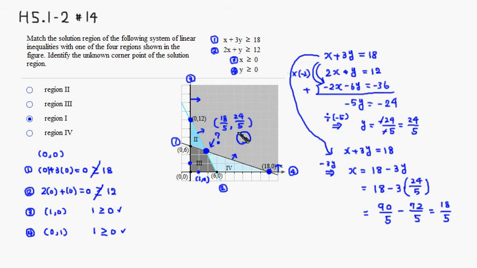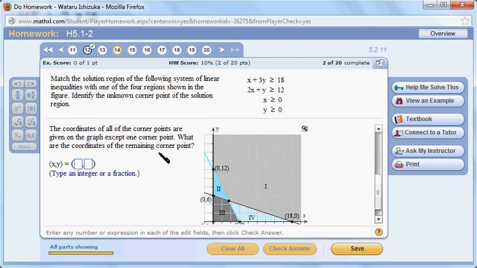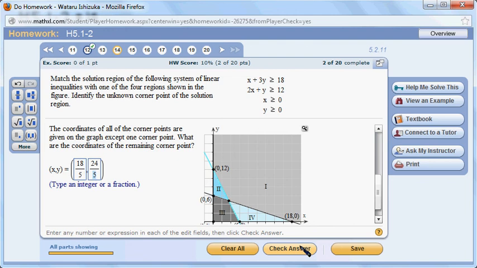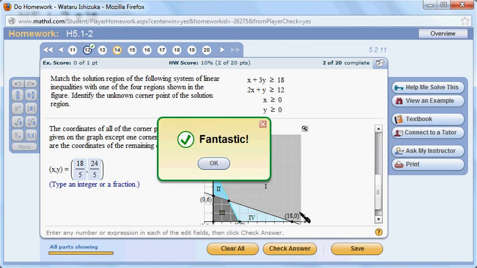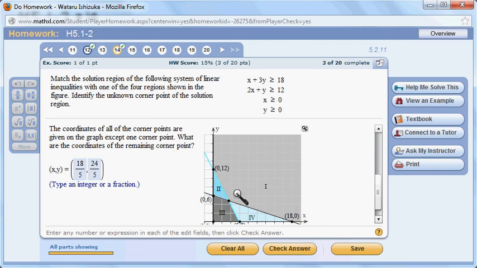All right, so that's that. Let's type it in: 18 over 5, comma, 24 over 5. Let's check the answer. All right, got that. That's it. I hope that this was clear.